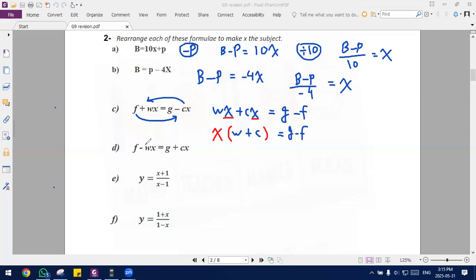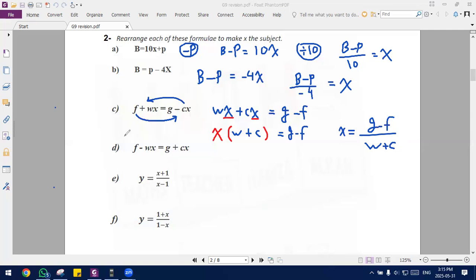I need to remove it. The opposite of multiply is divide. So x is equal to g minus f divided by w plus c. Is it clear? Yeah.